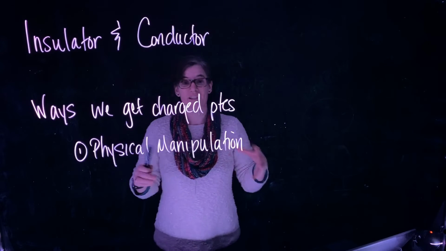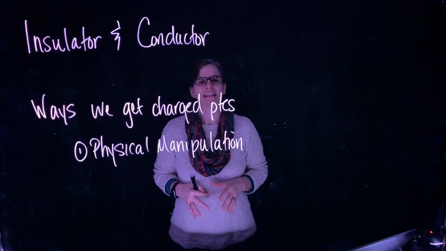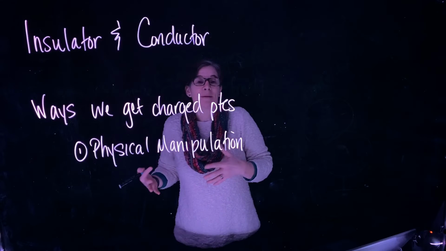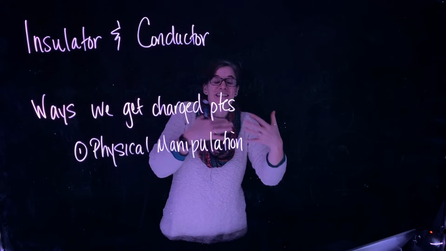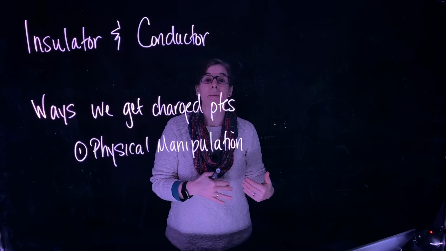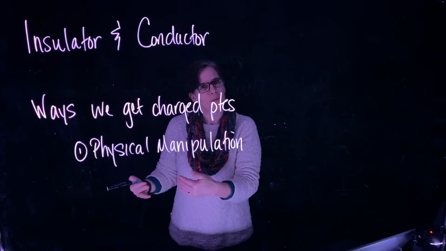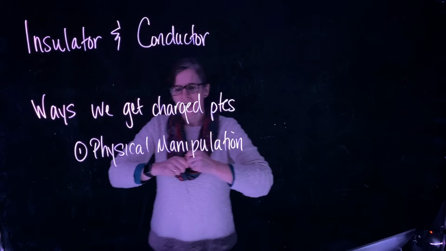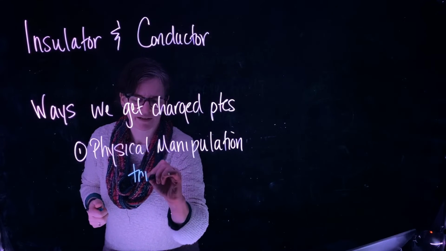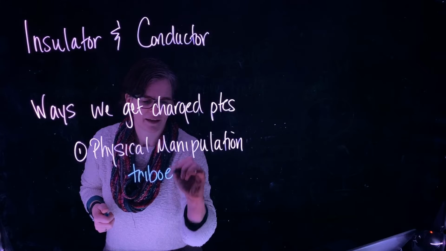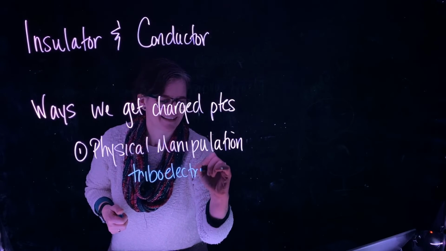When two objects interact and physical manipulation is happening, one of them more easily accepts the electrons, becoming more negative, and one of them more easily gives the electrons, becoming more positive. And we can know that by looking at what's known as the triboelectric series.